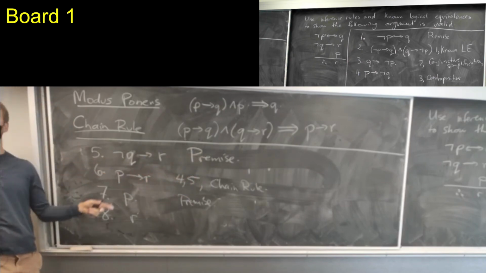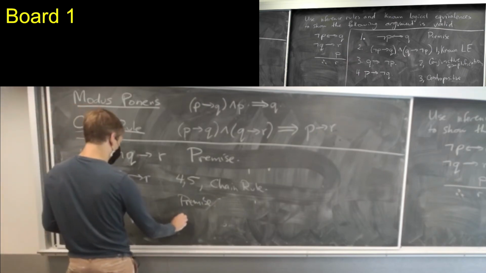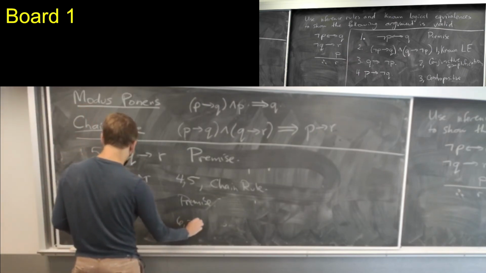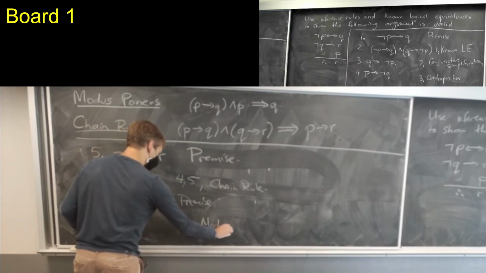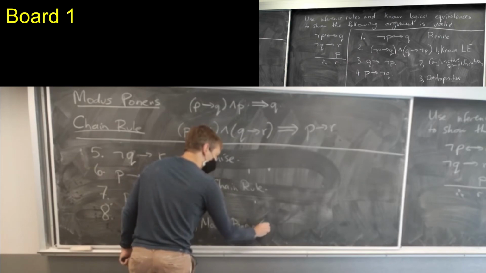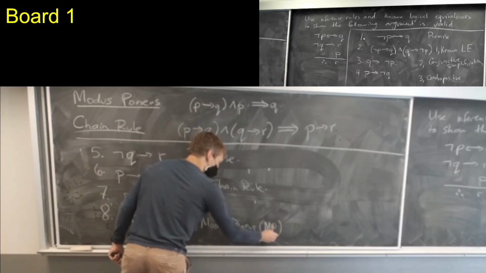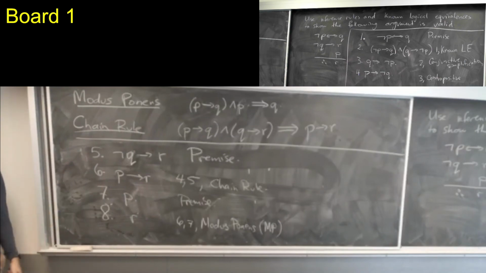So that's from 6, 7, and modus ponens. You might want to just write MP, modus ponens. That's good enough.